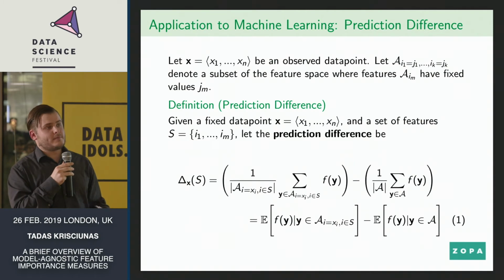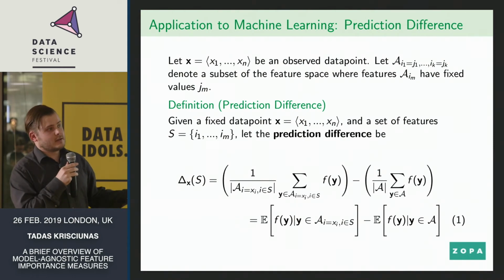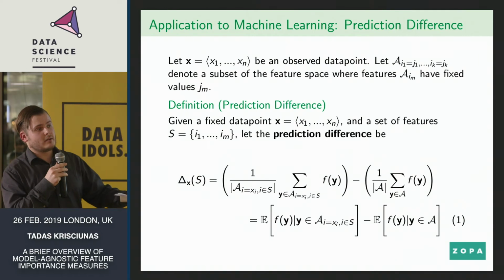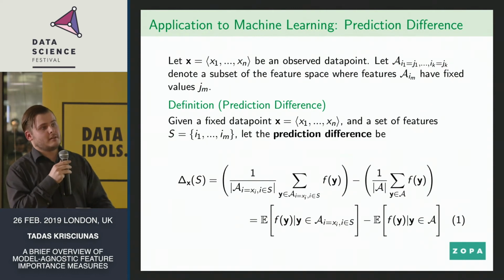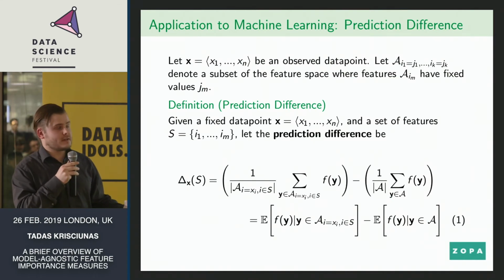So if you remind yourself about the partial dependence plots, where we were plotting the expected values of the model score along each axis, here we're doing something very similar, except we're also subtracting the average model score over all feature space, which we can think of as our bias constant effectively.